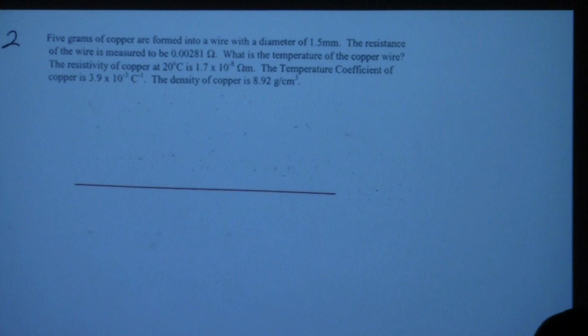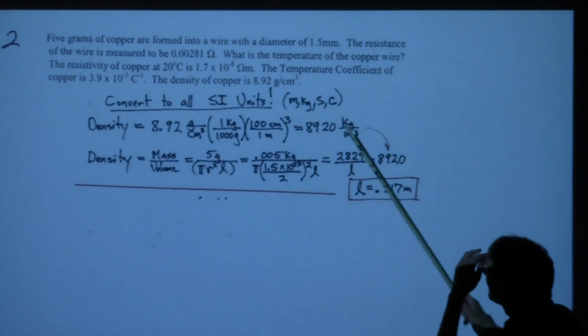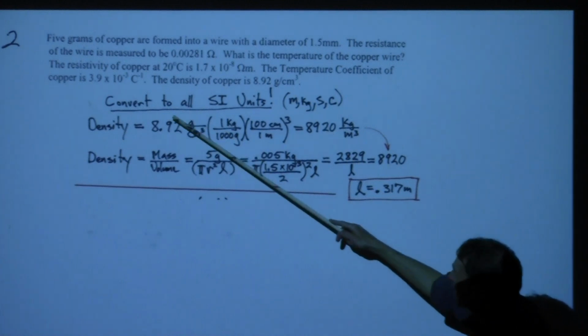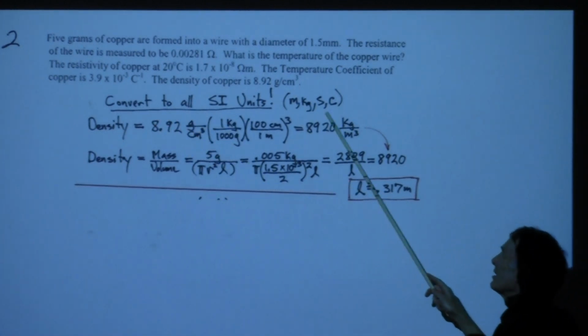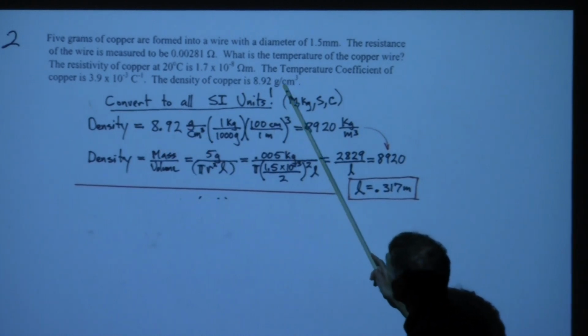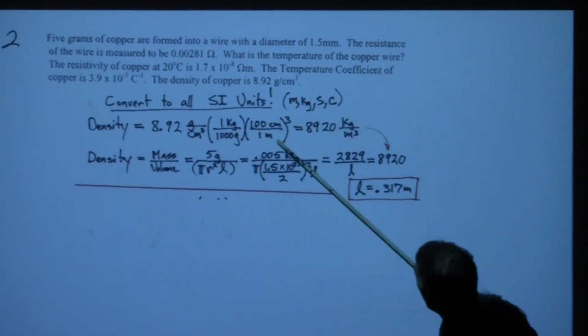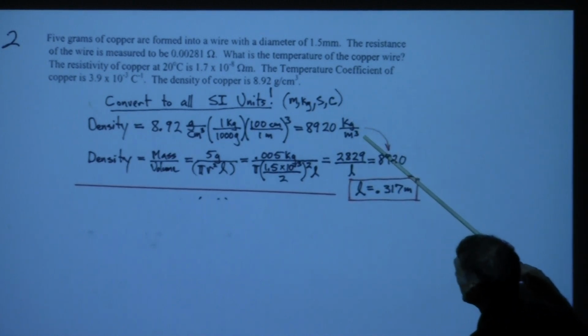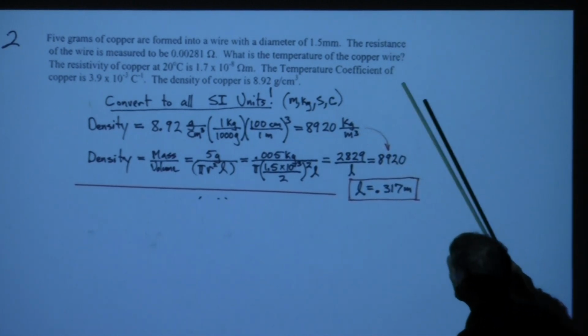The first thing I did is actually focus on this last thing, the density of copper. And again, we want to convert everything to SI units. So there's grams per centimeter cubed. You better do that. And so I've got density expressed in kilograms per cubic meter. A little conversion there.